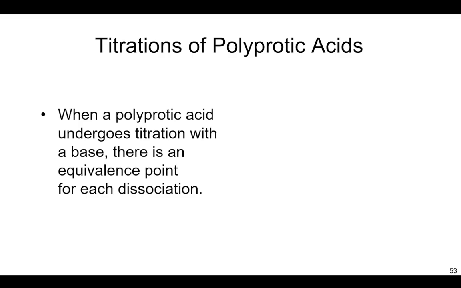The other quick concept I want to go over here is polyprotic acids. We won't do titration problems on polyprotic acids, but I do want to discuss what a polyprotic acid titration reaction would look like, and the notion that there's going to be an equivalence point for each dissociation. So remember, a polyprotic acid is something like H3PO3, which can donate a proton.